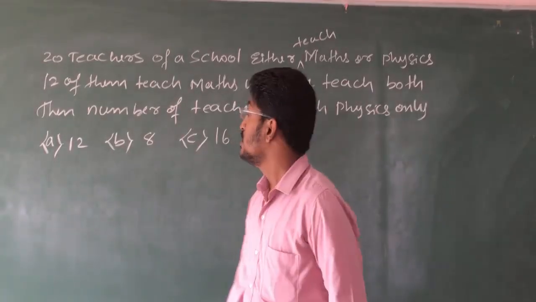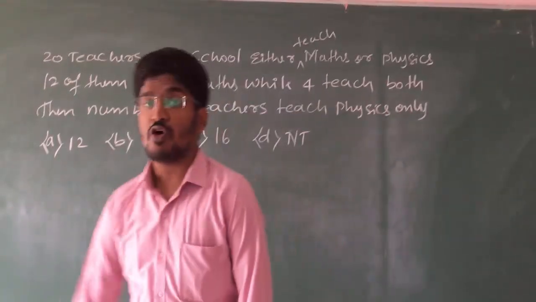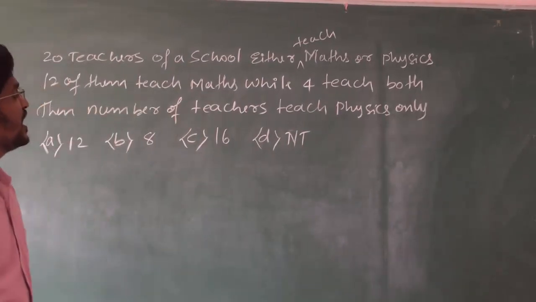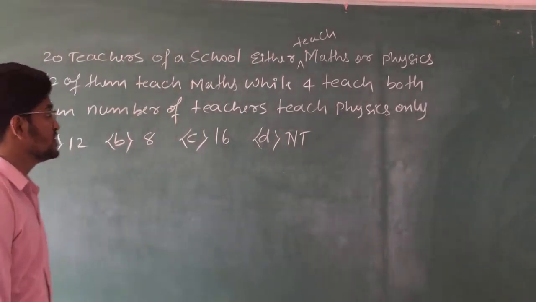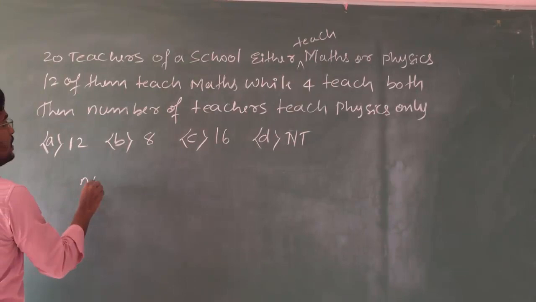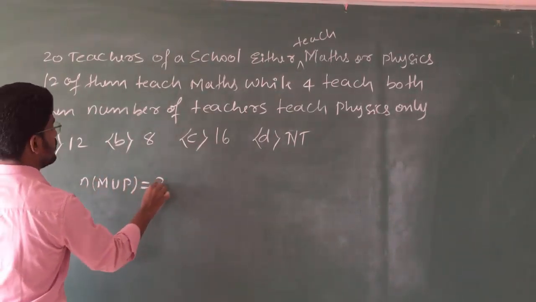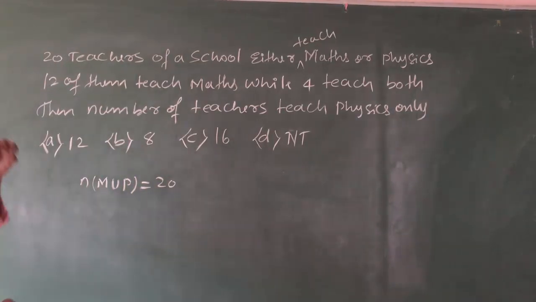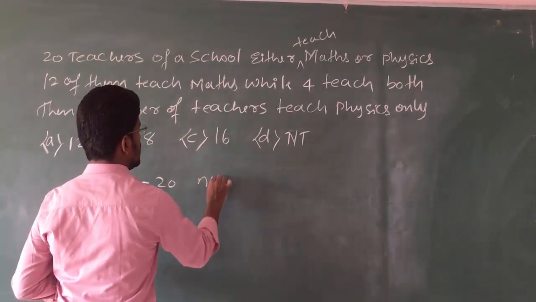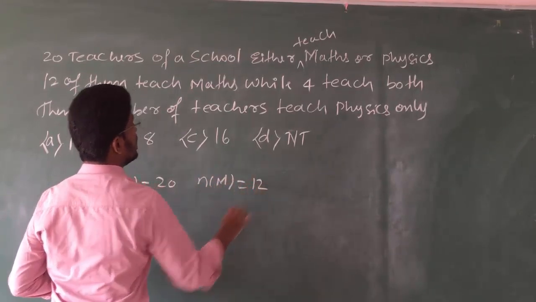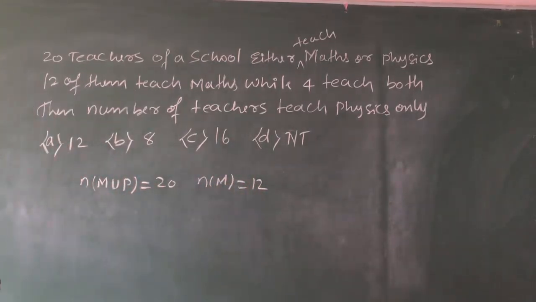20 teachers of a school either teach maths or physics. That means n of m union p equal to 20. 12 of them teach maths, that is n of m equal to 12, while 4 teach both subjects.